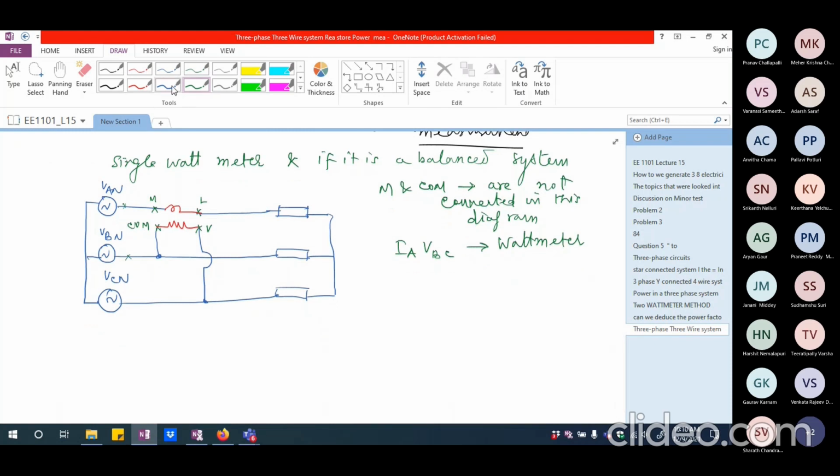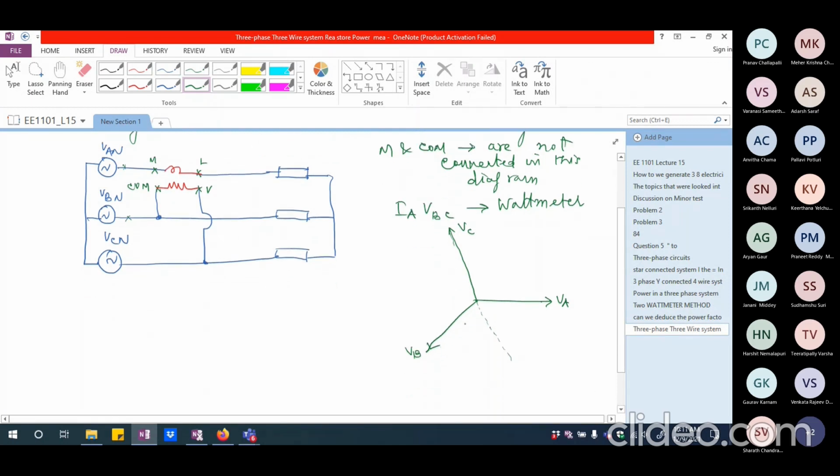So let's try to now again draw the phasor diagram. This is going to be VA, this is going to be VB, and this is going to be VC. Now, if I try to look at what is VBC, so C comes here. This is minus VC.